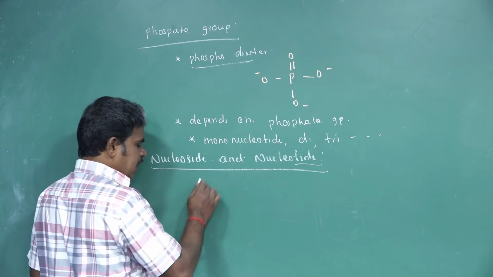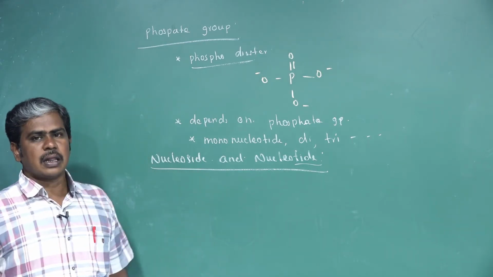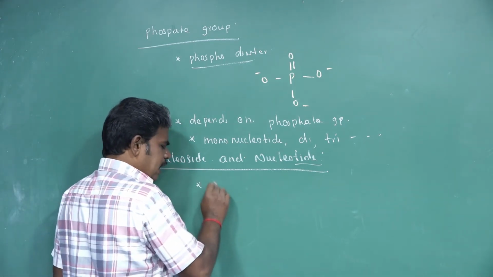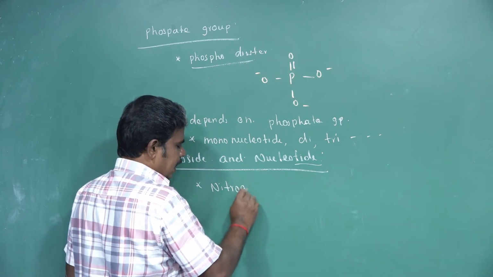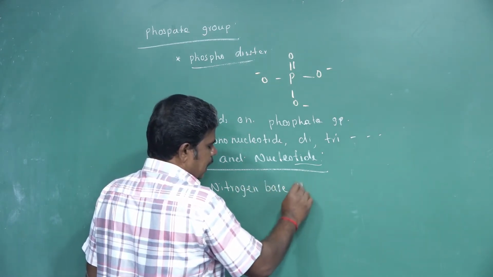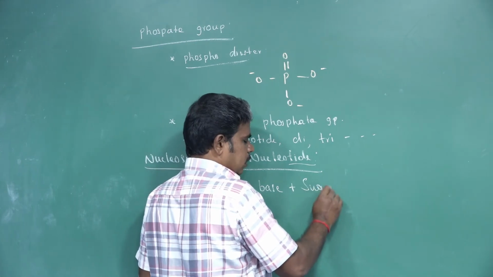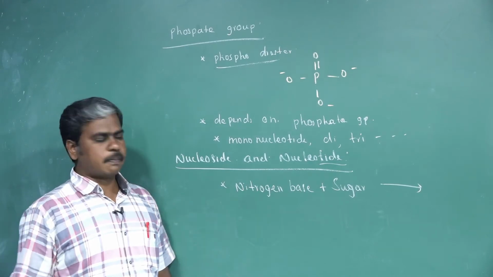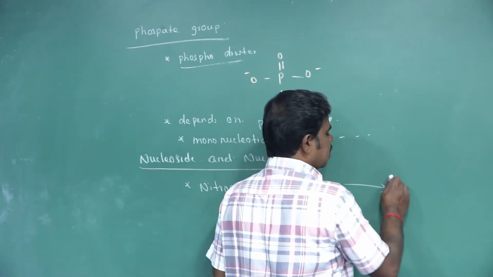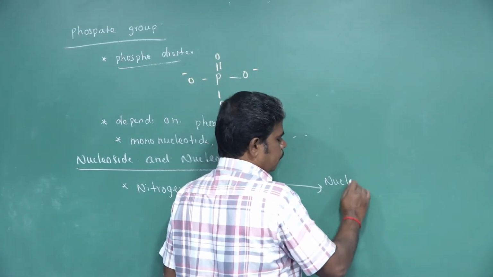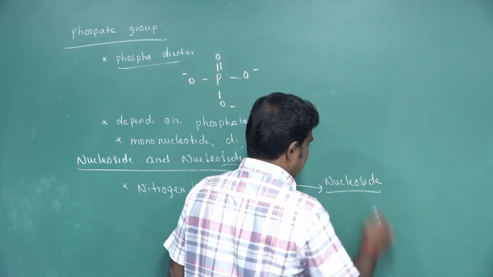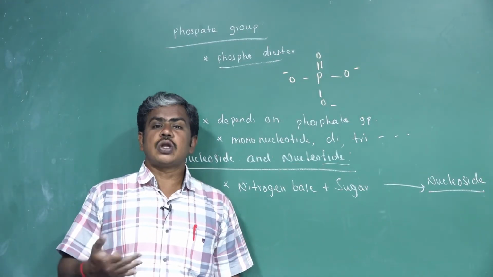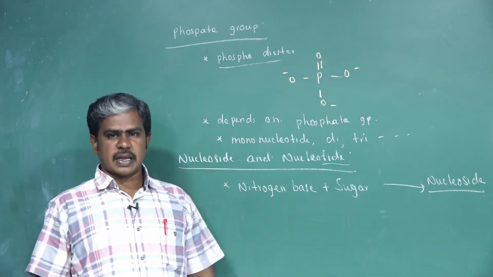The nucleoside contains only a pentose sugar and a nitrogen base, without the phosphate linkage. From the nucleoside, we get the nucleotide when treating with phosphoric acid.